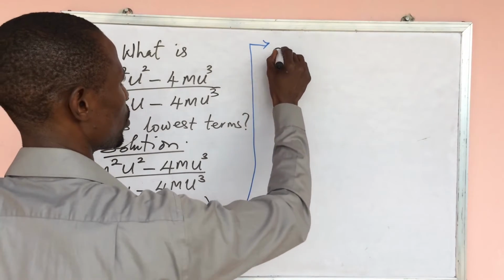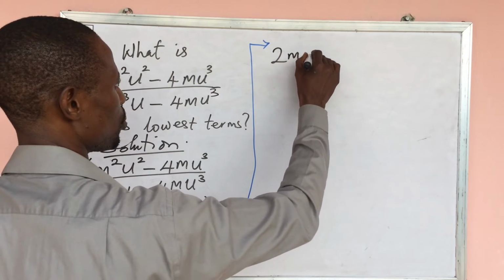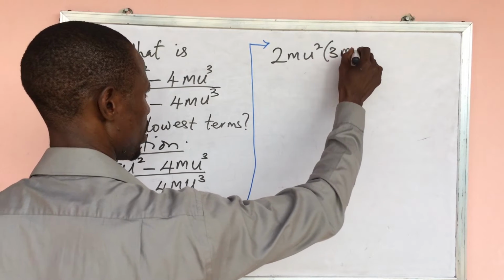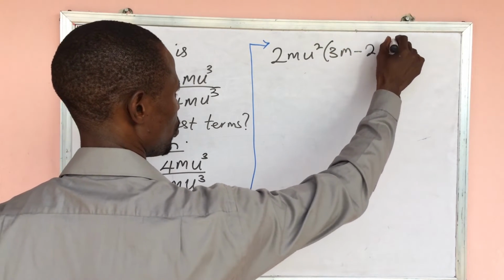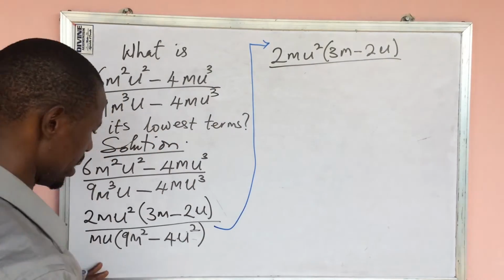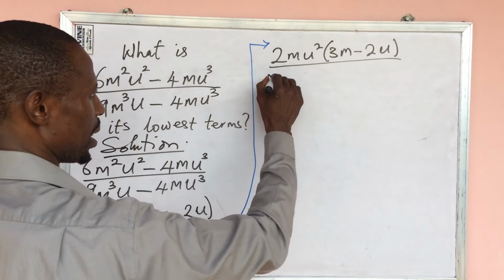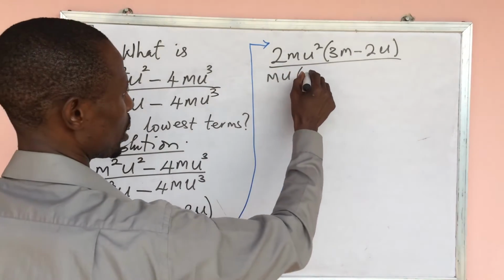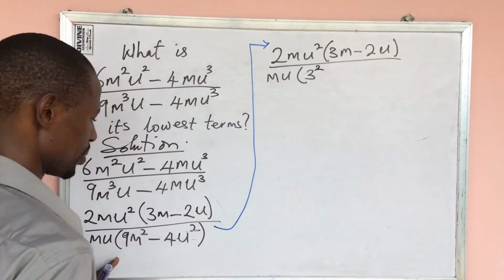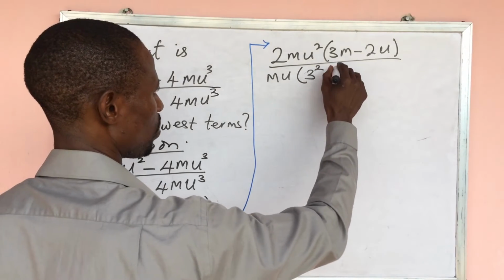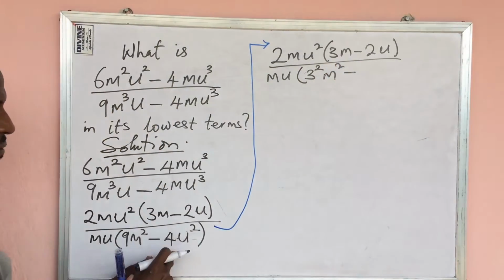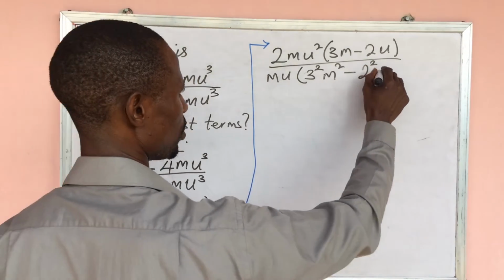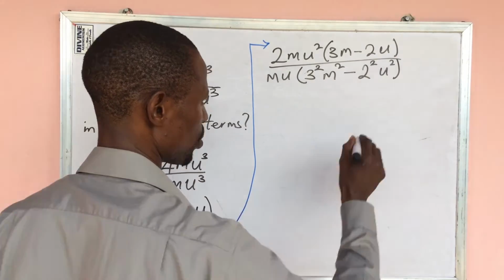So this will give us 2mu squared, bracket open, 3m minus 2u, close bracket, all over mu, bracket, 3 to power 2, m to power 2, minus 2 to power 2, then u to power 2, close bracket.